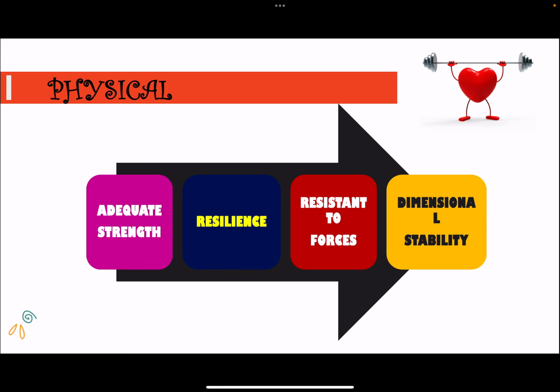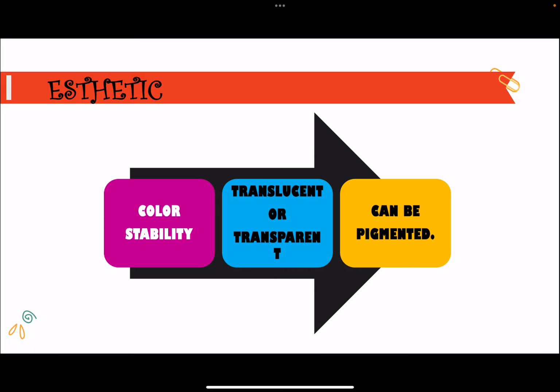The physical requirements are: it should have adequate strength, it should be resilient, it should be resistant to forces, and it should have adequate dimensional stability. The aesthetic requirements being: it should have color stability, it should be translucent or transparent depending on the area of use, and it should allow pigments to be added, either external or internal.